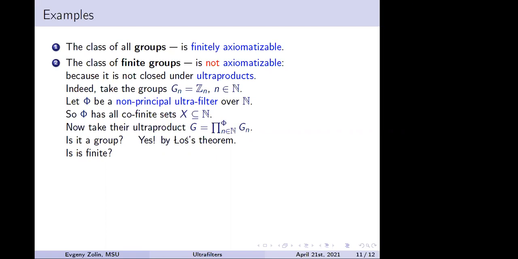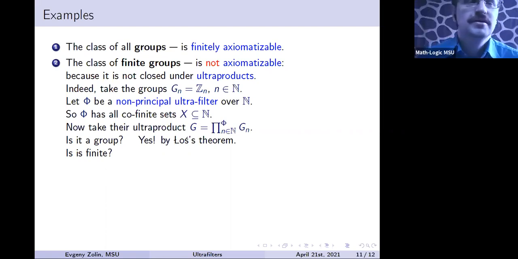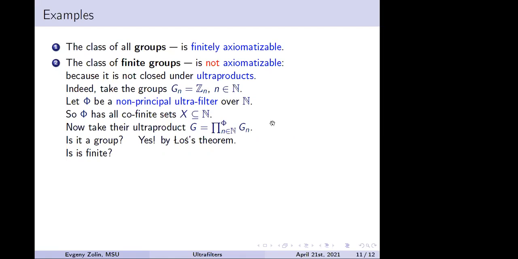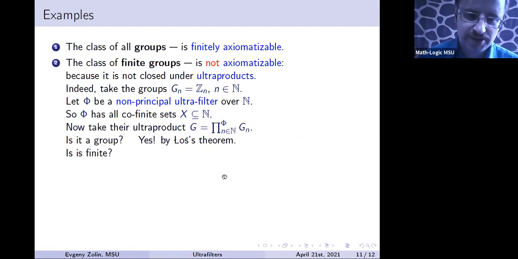Well, it seems there are infinitely many sequences of these elements. But so what? There are infinitely many sequences, but we identify sequences that are the same on almost all indices. So we introduce the equivalence between sequences, and then we take the quotient set.